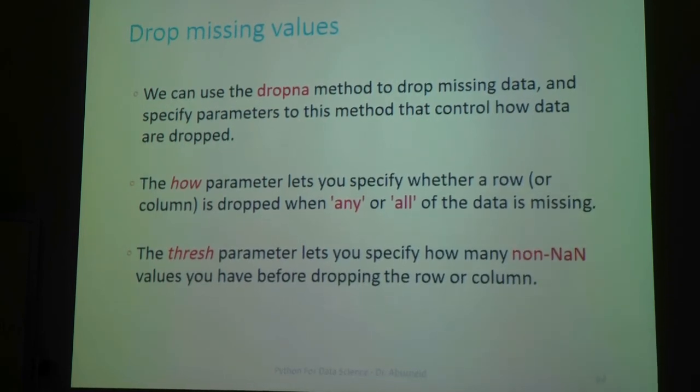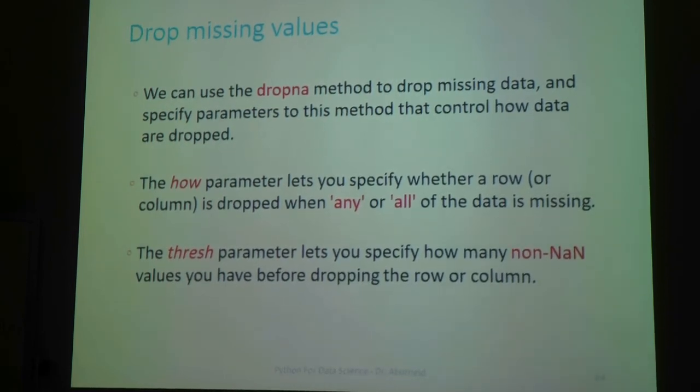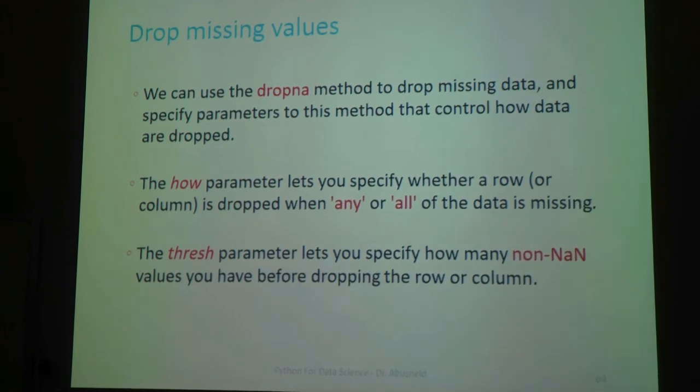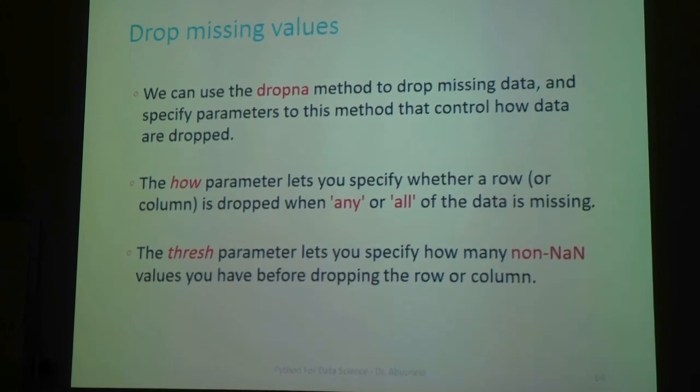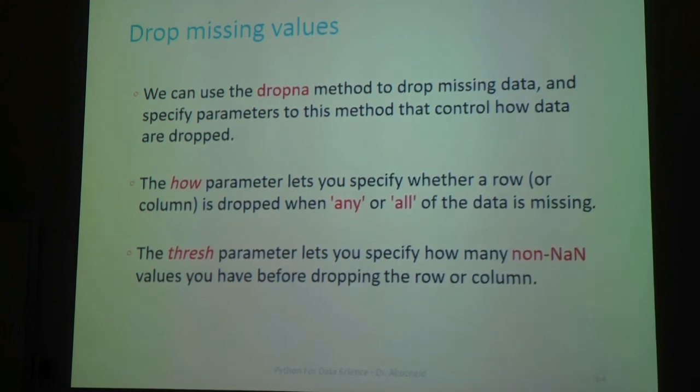Then the last thing is to drop. We can use the dropna method to drop missing data and specify parameters to this method that control the data dropped. So the how parameter lets you specify whether a row or a column is dropped when any or all of the data is missing.